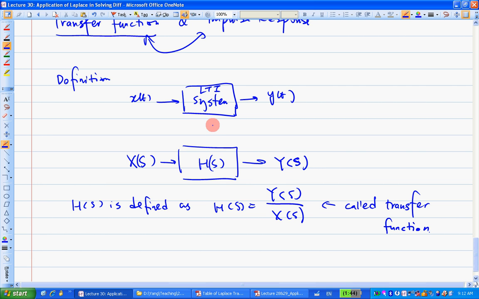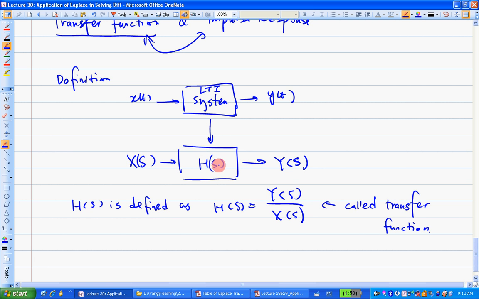Essentially, the way the transfer function is defined here is important. The original system can be represented using this s function H of s, which, as you're going to see, contains the dynamics and characteristics of the system.